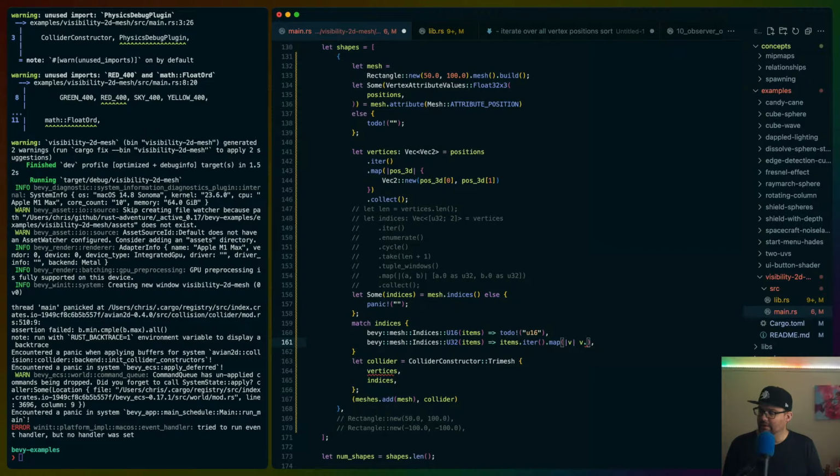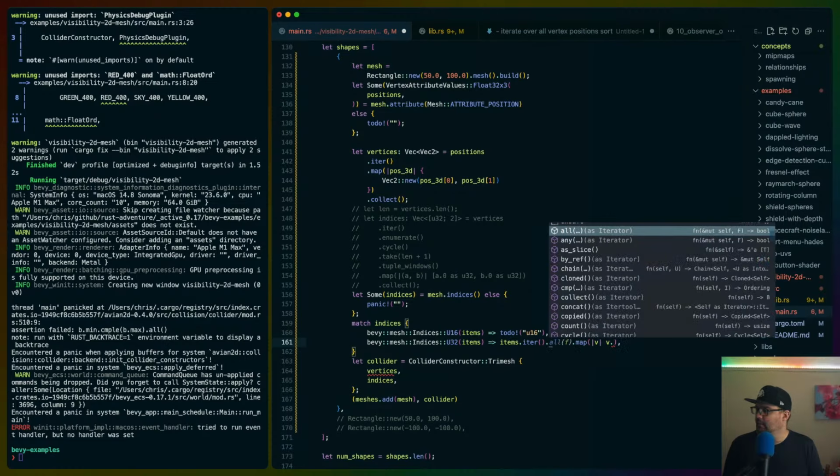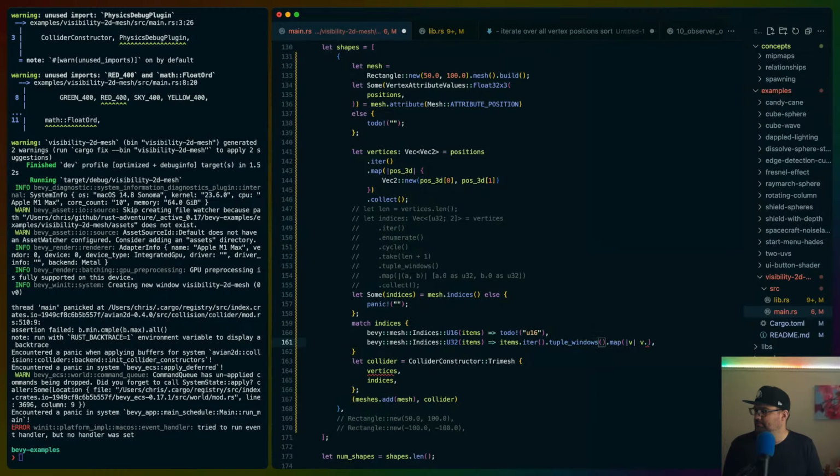Oh, we're mapping over each individual one. We need to windows this, unfortunately. And we need this to be an array, right? X, Y, Z.